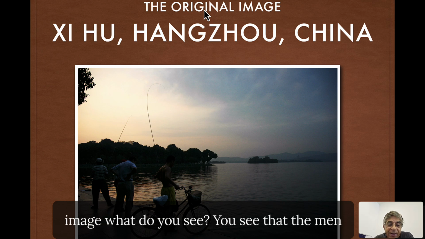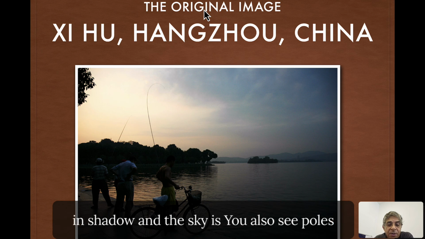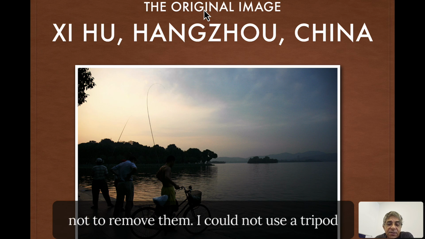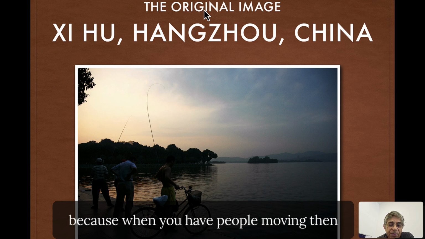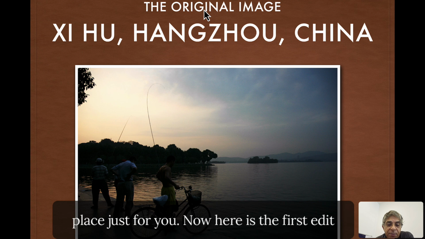You see that the men are dark because the lower half of the image is in shadow and the sky is bright. You also see poles sticking out, looking very strange, but I decided not to remove them. I could not use a tripod because when you have people moving, they're not going to stay in one place just for you.